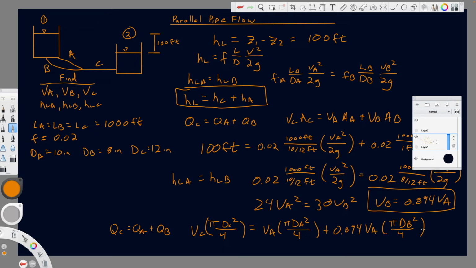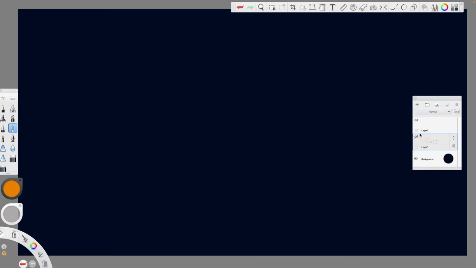Okay. Now we can combine these together and solve it in terms of VC, right? So that's going to give us, let's see, 0.785 VC is equal to 0.545 VA plus 0.312 VA, and so VC is 1.092 VA.